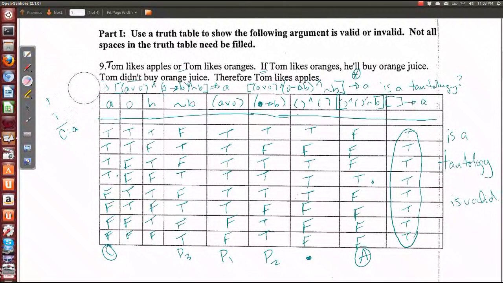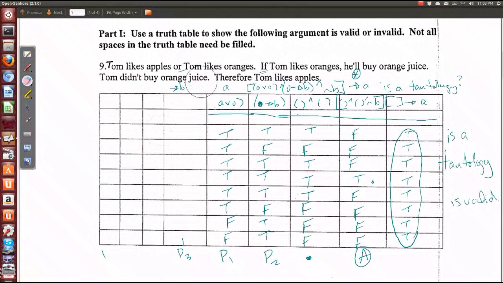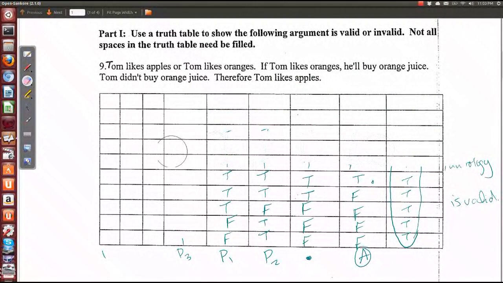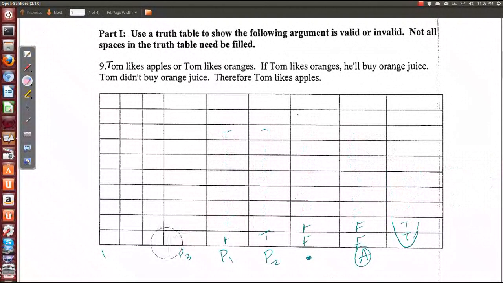Problems 10 and 11 are 2-column proof problems. So let's take a look at those.